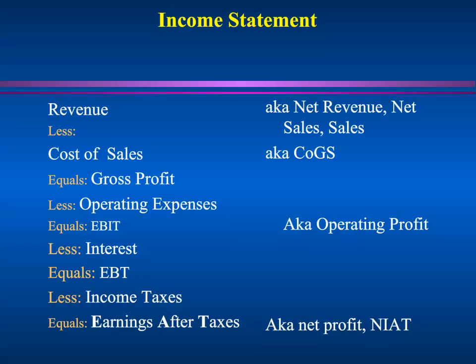Minus our operating expenses, our overhead, gives us our earnings before interest and taxes, also known as EBIT, also known as operating profit. Minus the interest equals the earnings before taxes, and we take out the income taxes and we have earnings after taxes, also known as net profit, also known as net income after taxes.